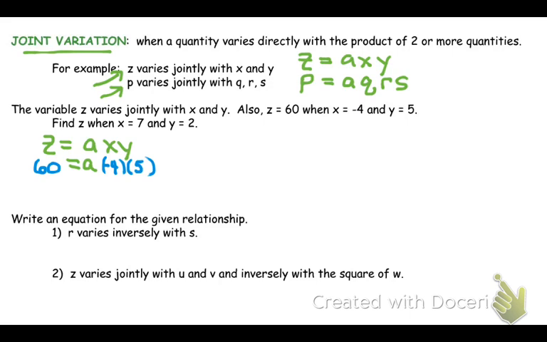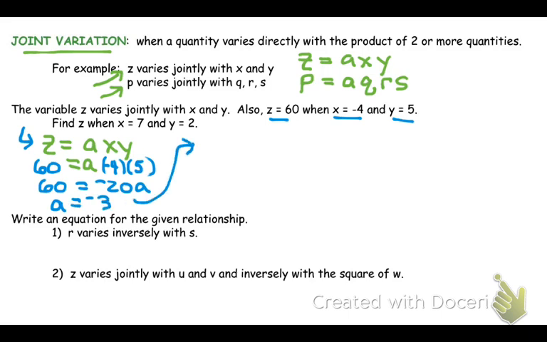All right, so it says variable z varies jointly with x and y, so it's written like this. It tells us the value for z, x, and y, so I subbed it in. So now we're just going to simplify. 60 equals negative 20a. We divide both sides by negative 20, so a equals negative 3.